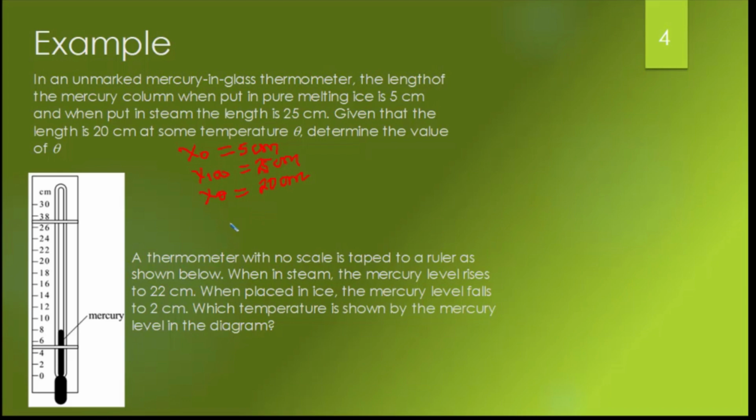So the temperature theta is given by x theta minus x0 divided by x100 minus x0 times 100 degrees Celsius.